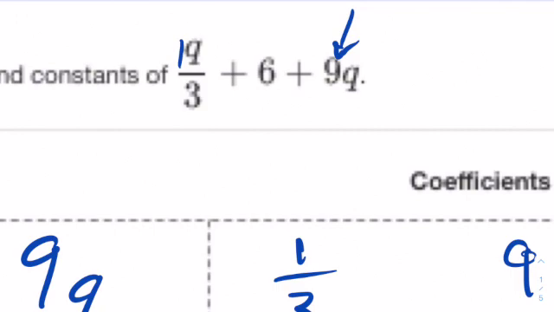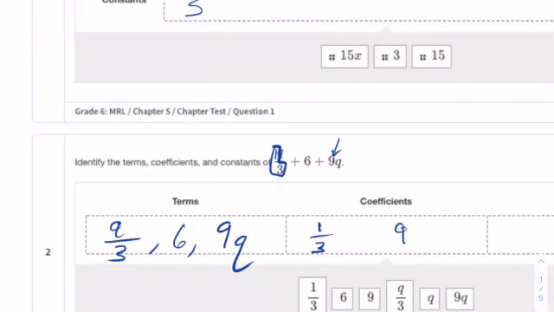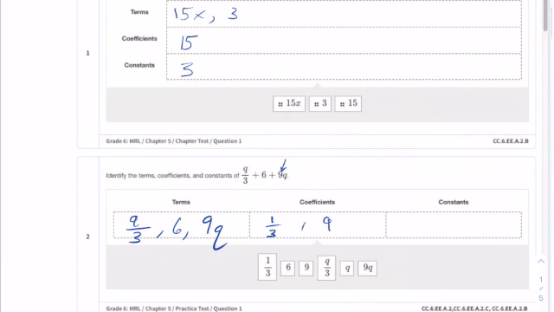So that's 1q over 3. So the number that's actually with the q there is this 1/3, right? So the coefficient for that variable is 1/3, even though it's kind of hard to see. And then the constant there by itself is the number 6. All right, so that was number 1 and number 2. Moving on.